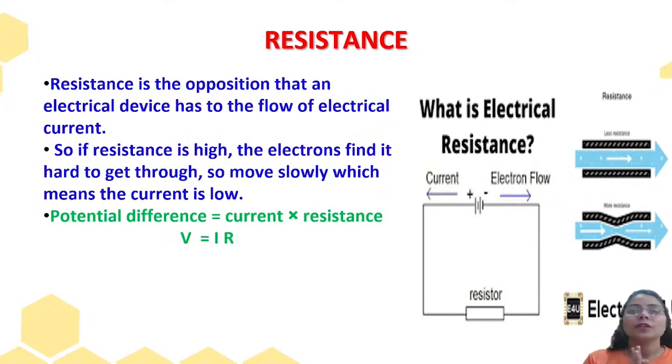As electrons move at very high velocity, whenever a collision occurs, it will obstruct your path, and that will restrict the velocity of electrons flowing in a circuit. So the flow of electrical current is restricted, bounded by a resistance.